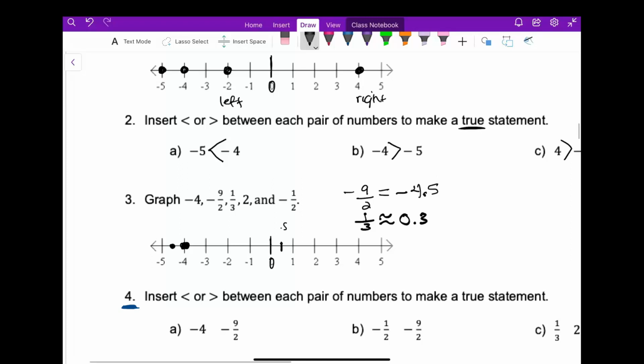So it has to be to the left of that. So I'm going to go with 0.3 here. Sometimes I see you all write it all crazy, and you have to make sure that your number is making sense. Then we have 2 and -1/2.